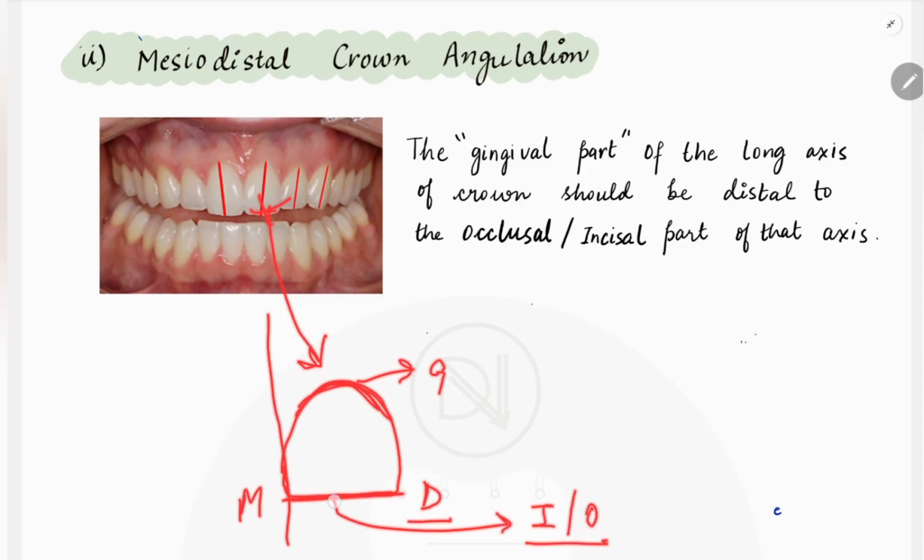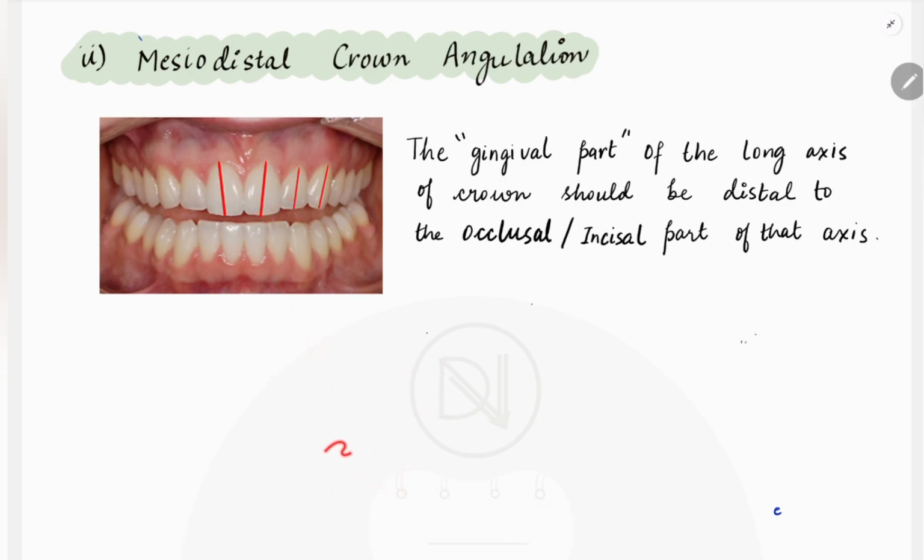It states that these two should never be at 90 degrees to each other for an ideal occlusion. There should be slight angulation. The crown should be slightly angulated more towards the distal side, not towards the mesial side.